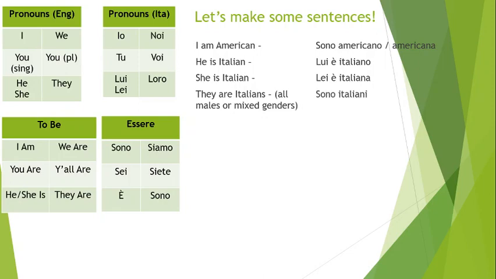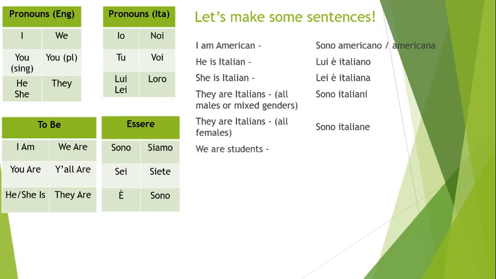Sono italiani, or loro sono italiani, right? That's a group of men or mixed gender. If they're a group of all females, let's see if you can guess how you'd say this. Feminine plural, sono italiane. Loro sono italiane. They are Italians, all female.